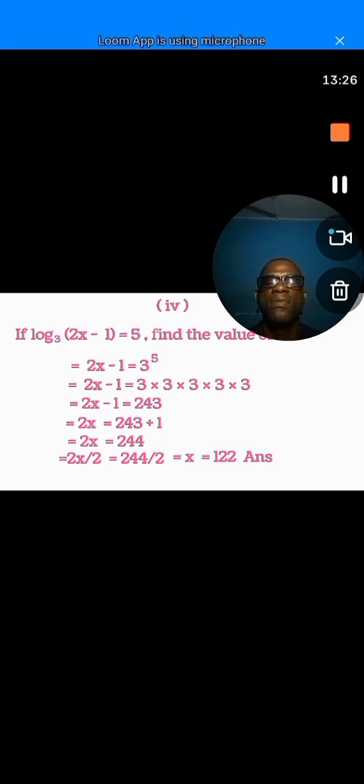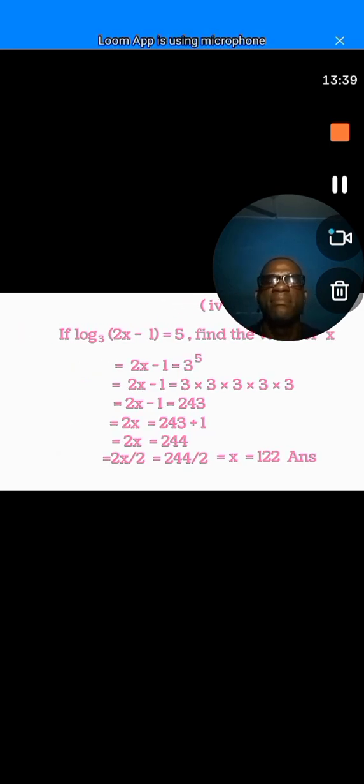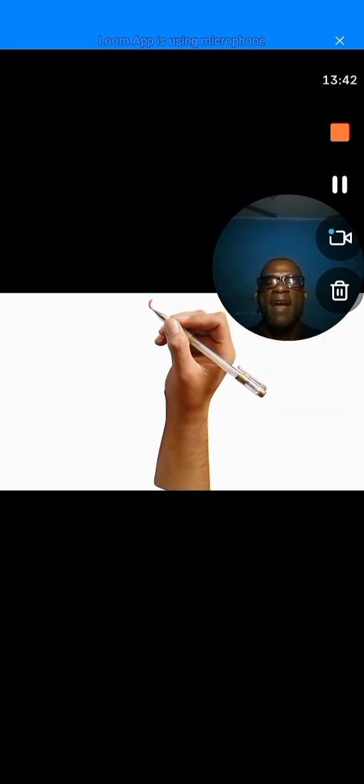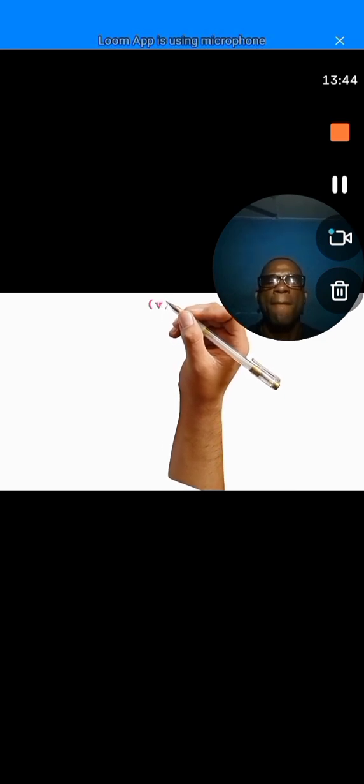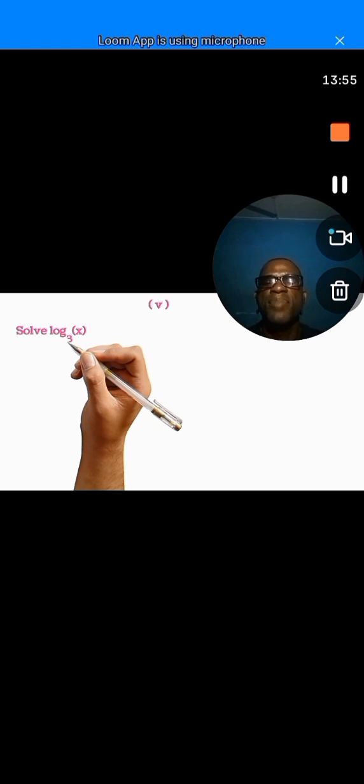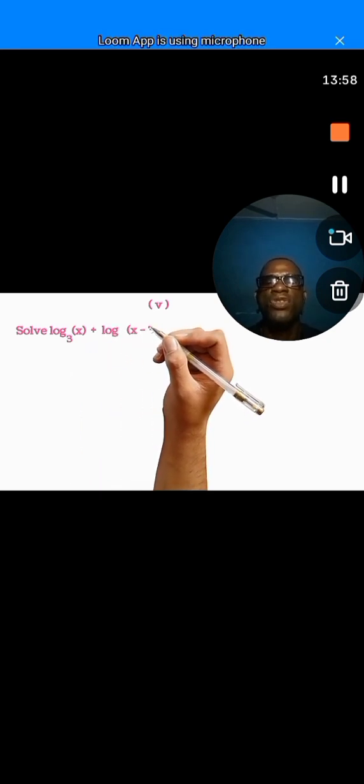Question 5. Question 5 says, solve log x base 3 plus log x minus 3 base 3 is equal to 1.